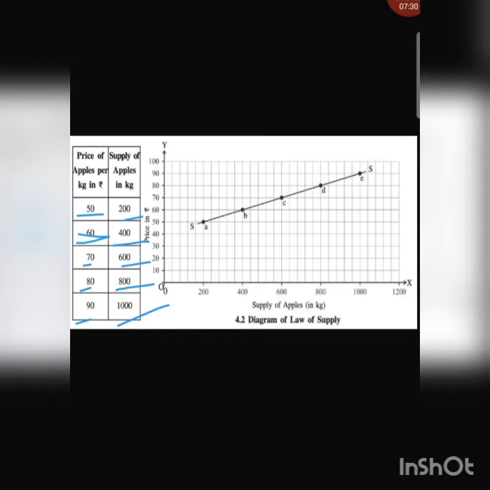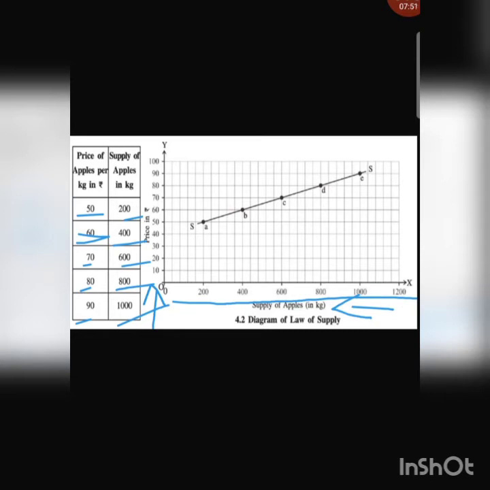So in the diagram, on the x-axis you will mention the supply of apples in kg, and on the y-axis you will mention the price.